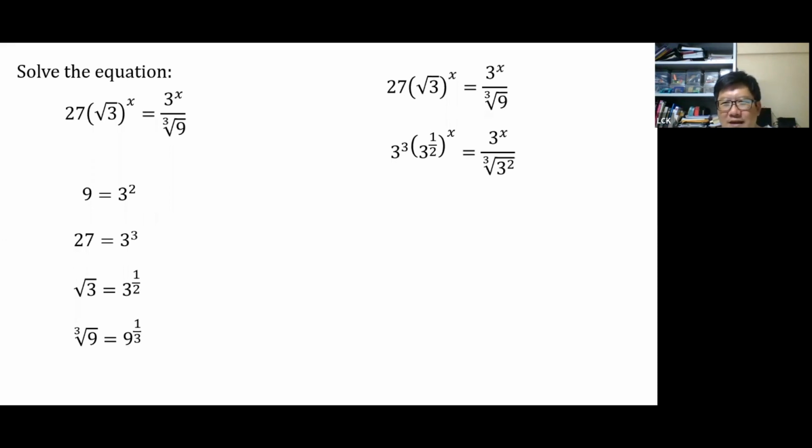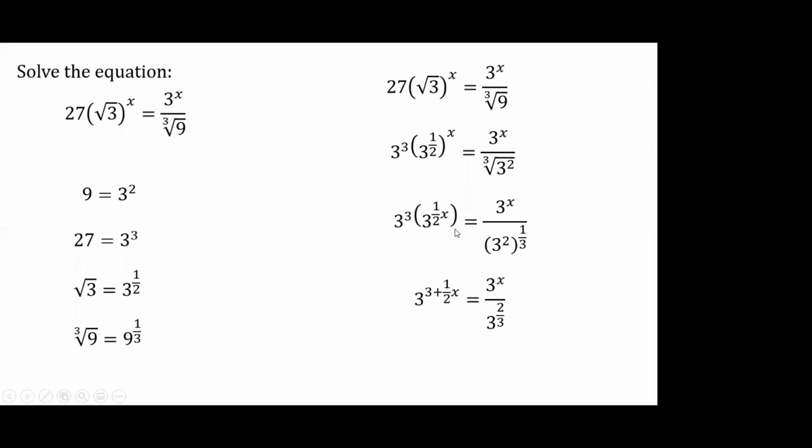Okay, then next step, you have an x there, so it's half x. So that's 3 to the power of 2, and that's cube root, so to the power of 1 over 3. Further, this is 3 to the power of 3 times 3 to the power of half x. So you combine them, it's a plus because it's multiplication here.